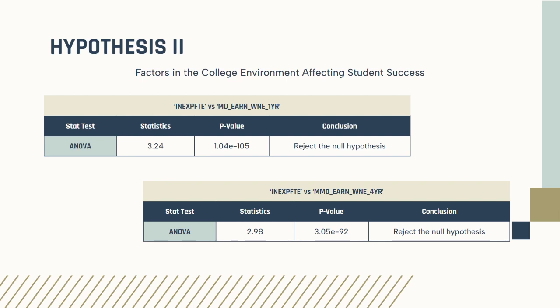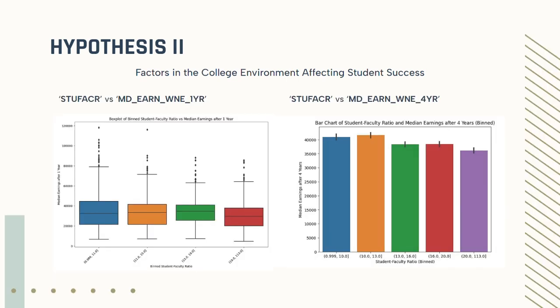We used an ANOVA test for this. And lastly, we used the student to faculty ratio, and for this we can clearly see that there is actually no relation with the median earning, both in the short term and long term, which is quite intriguing to us.